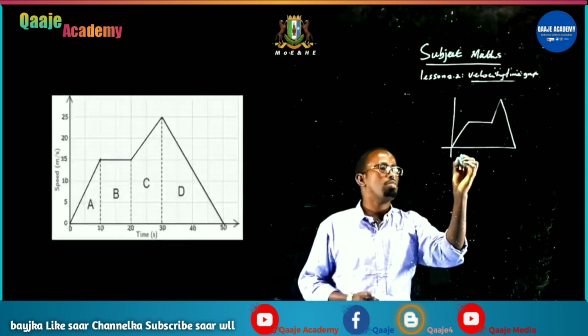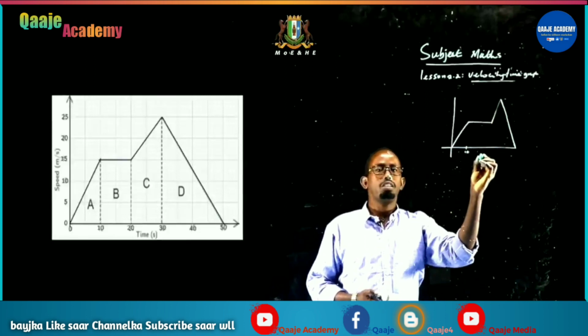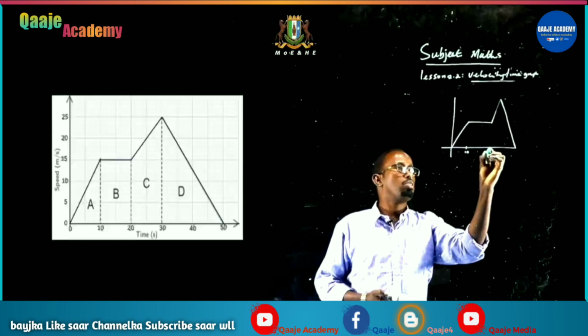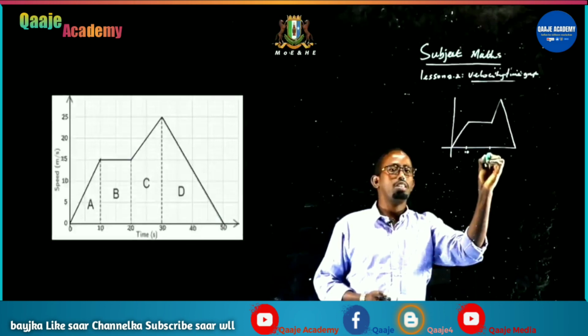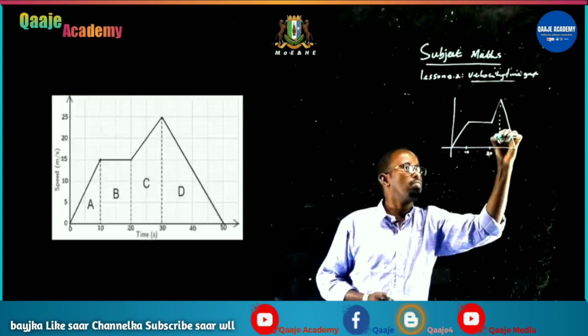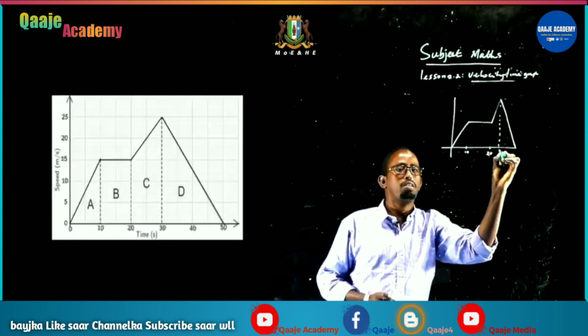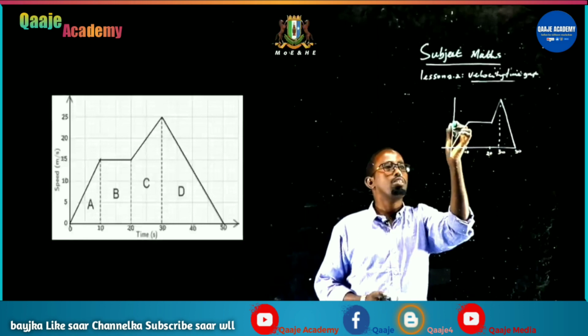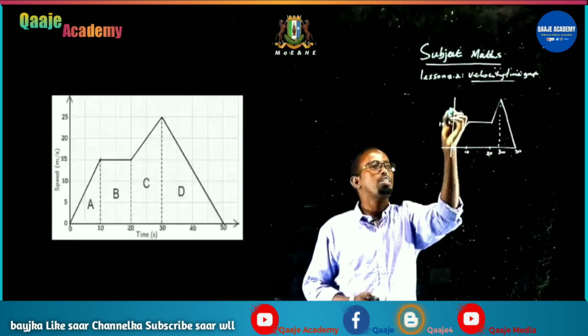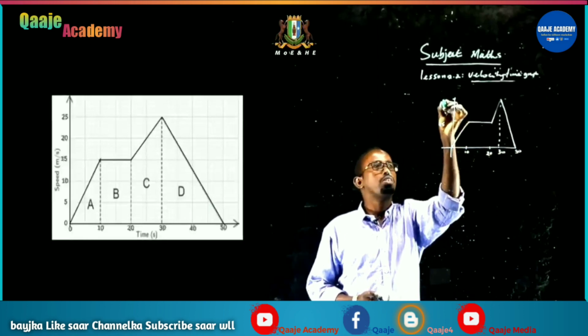For the greatest acceleration, we have 10, 20, and then we have there 30, and then 50. This particular point is 15, and the last part is 25.